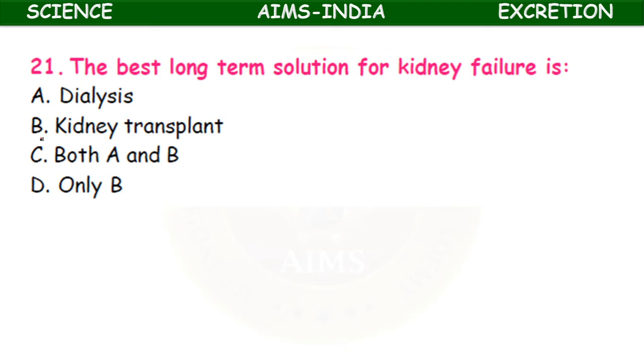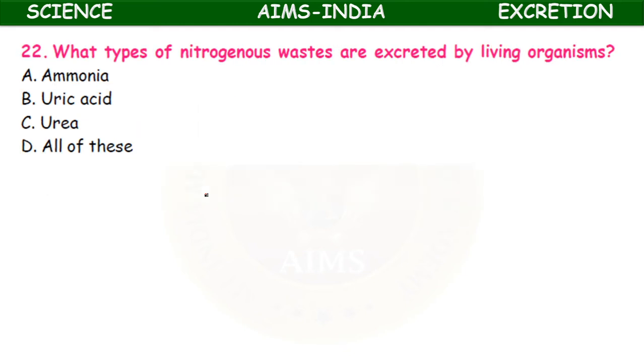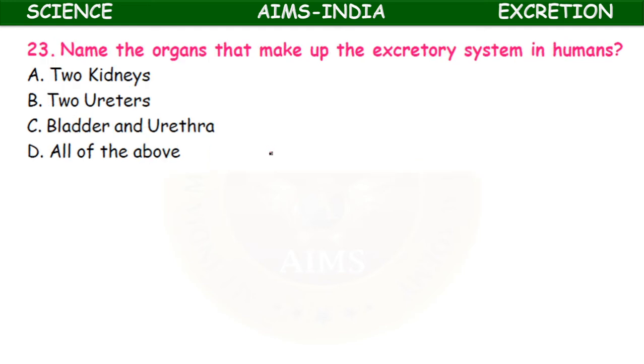The best long-term solution for kidney failure is dialysis, kidney transplant, both A and B, only B. Only B. What types of nitrogenous waste are excreted by living organisms? Ammonia, uric acid, urea, all of these. So these are all nitrogenous waste: ammonia, uric acid, and urea.